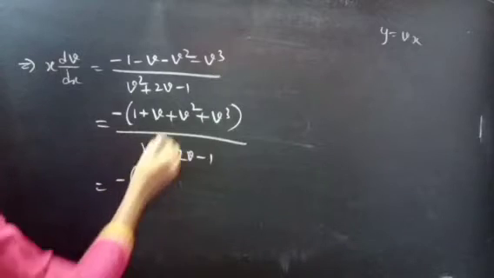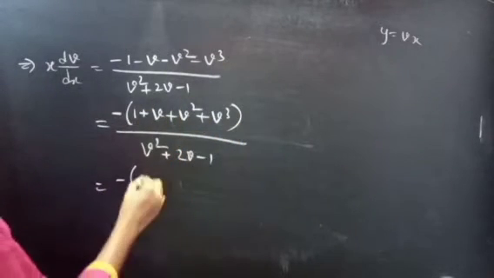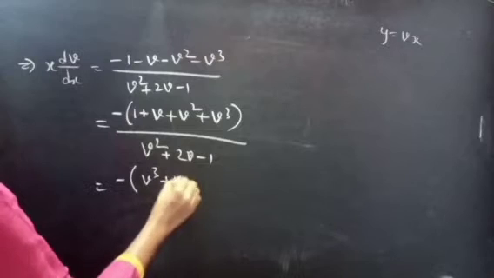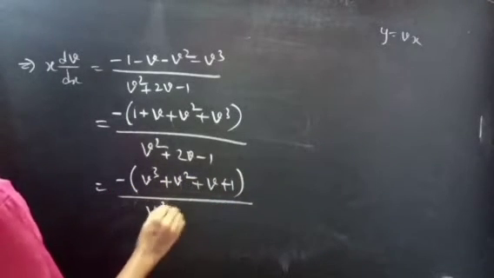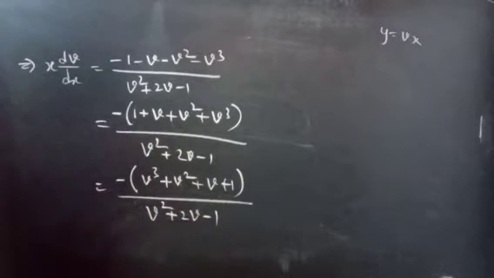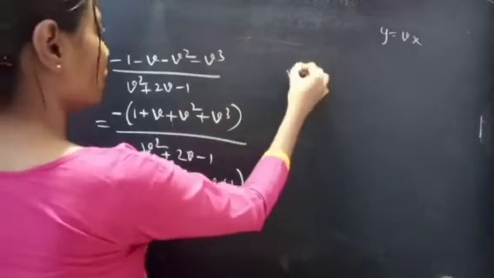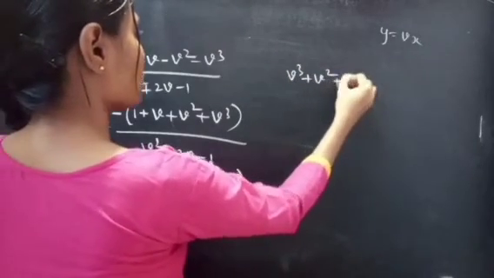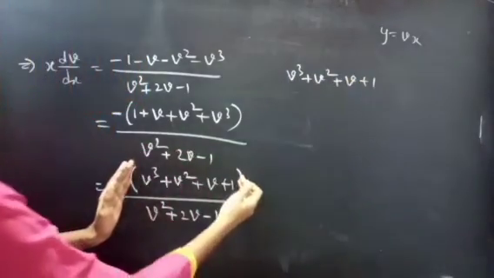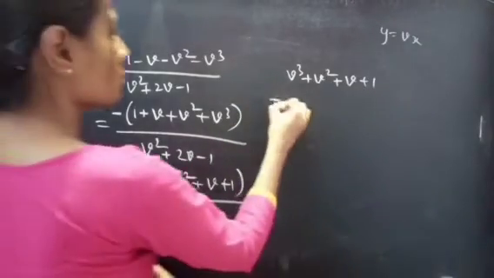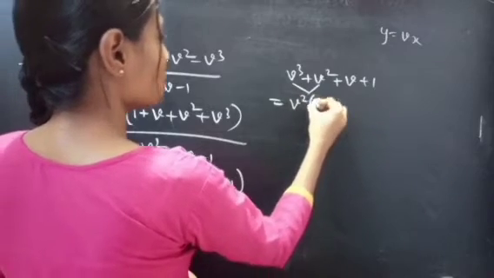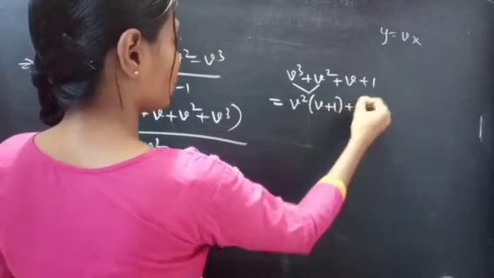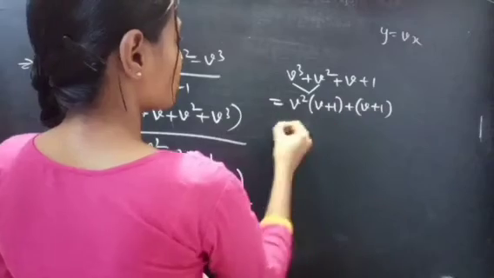Also you can write all the four terms as v cube plus v square plus v plus 1 by v square plus 2v minus 1, right? So we have v cube plus v square plus v plus 1 in the numerator, right, under the brackets. So now we can take v square common from the first two terms, and we'll get v square times v plus 1, right? And the last two terms remain the same.